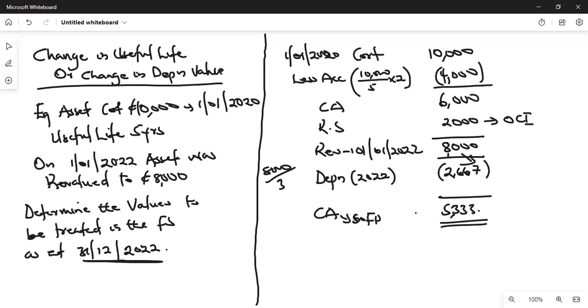All right. So this now will be towards P&L, true of us. And this now will be to the SOFP. But there is something I need to teach you here.